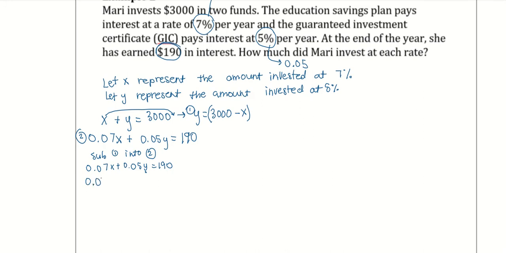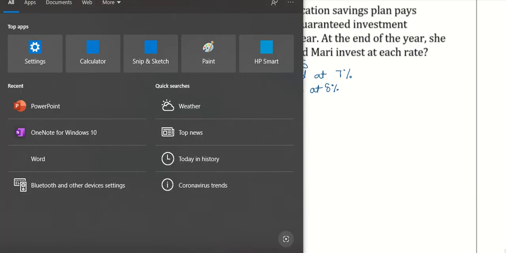So I have 0.07x plus 0.05. Now instead of y, I'm writing 3,000 minus x equals 190. Now inside of that bracket, there's nothing I can do. So all I can do now is distribute this 0.05 into the bracket. So 0.07x still remains. Now 0.05 times 3,000. I'm going to just pull up a calculator here.